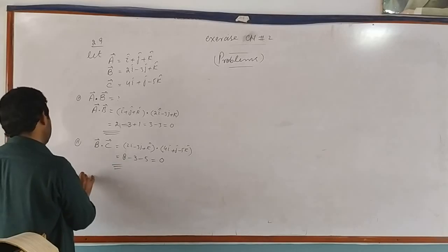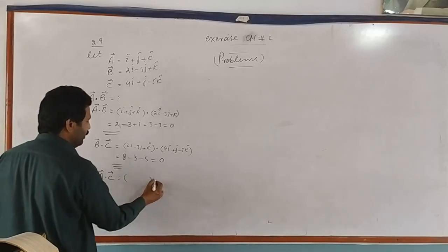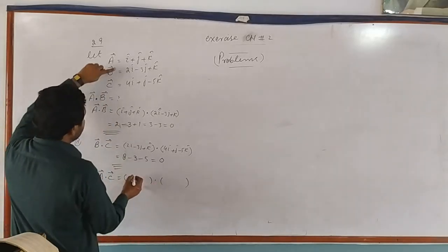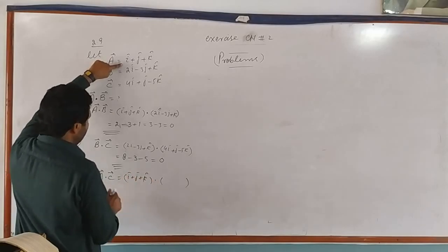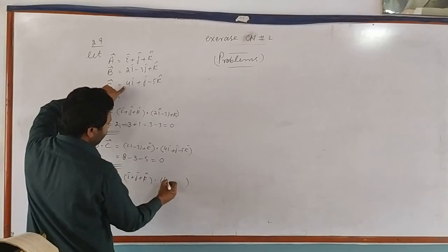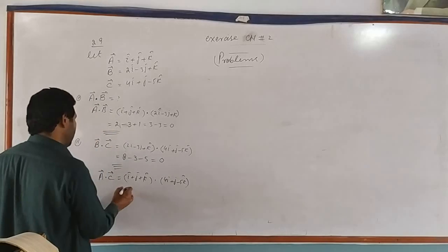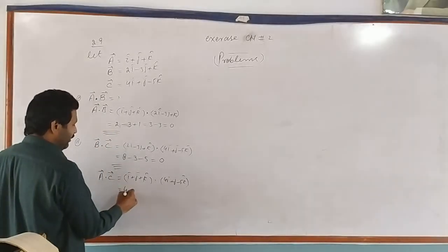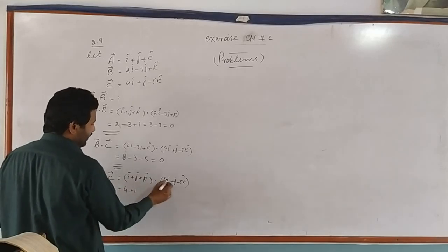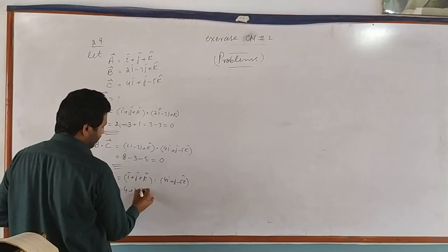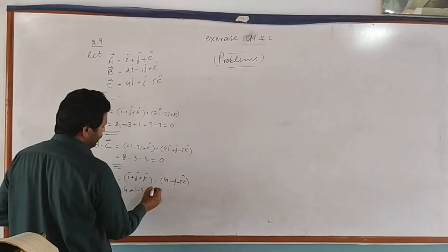Similarly, we can multiply vector A with vector C, putting the values in these brackets of vector A and vector C. A is i unit vector plus j plus k unit vector. Similarly, vector C with values 4i plus j minus 5k unit vector. Now we multiply i unit vector with i, the resultant will be 4 plus 1, plus 1 minus 5s are minus 5, so 4 plus 1 minus 5, the resultant will be 0.